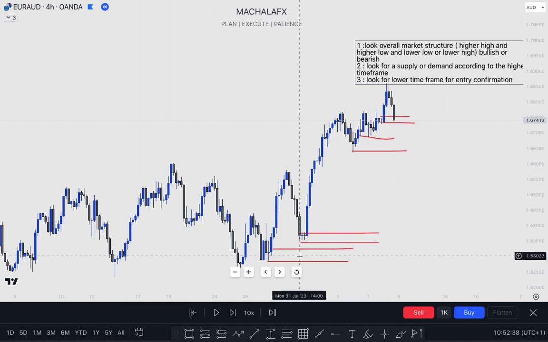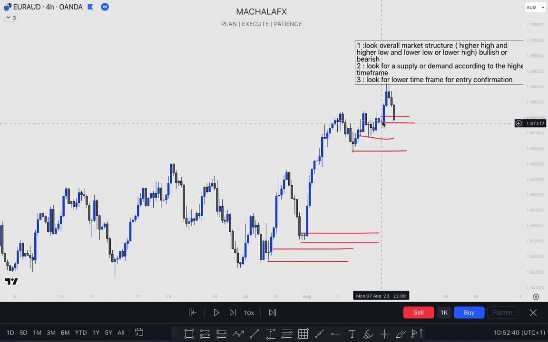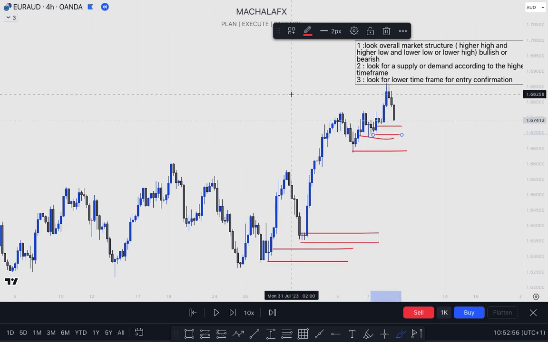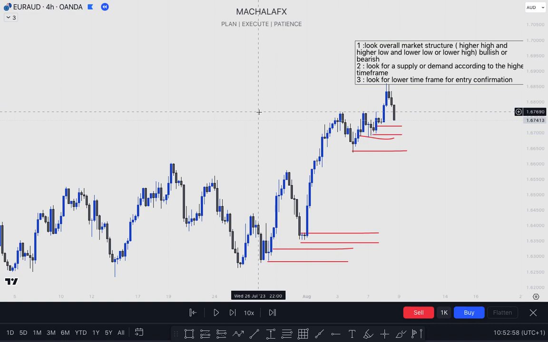So now we have 1, 2, and 3, 4 here. We have another one here, which the market will react from.